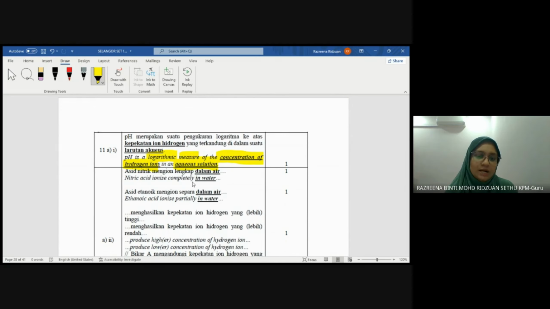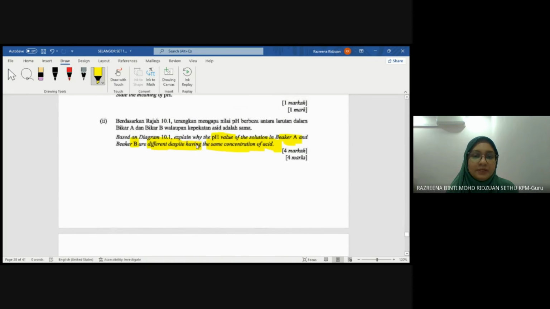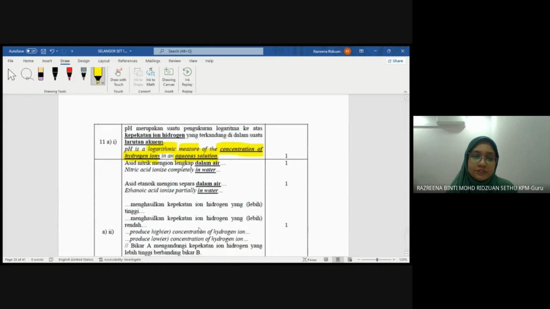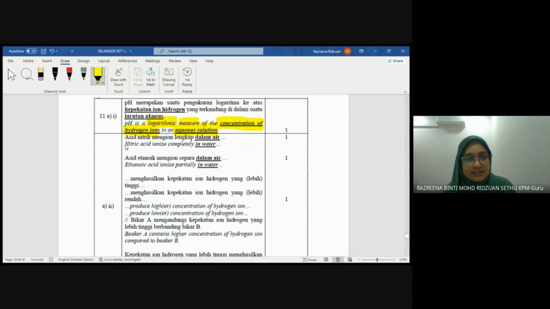Okay, now answering question A2, why the pH value is different. First you mention that nitric acid is a strong acid, right? So it ionizes completely in water to produce a higher concentration of hydrogen ion. And you also mention that ethanoic acid is a weak acid. You can add in this one is a strong acid and this is a weak acid, but that's not enough.